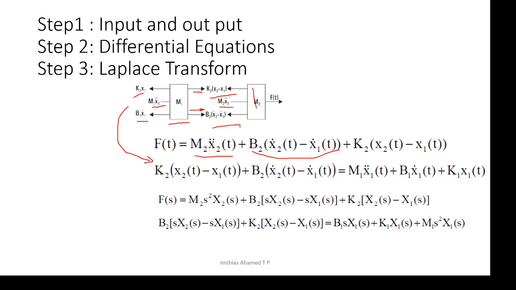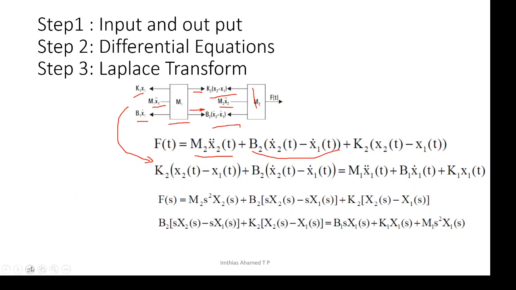What is step 3? Take Laplace transform. We'll assume Laplace transform of f(t) is F(s). Laplace transform of x(t) is X(s). So Laplace transform of x dot will be s X(s). Laplace transform of x double dot will be s square X(s). So let us do one by one.